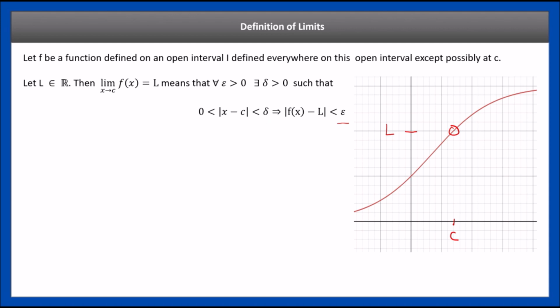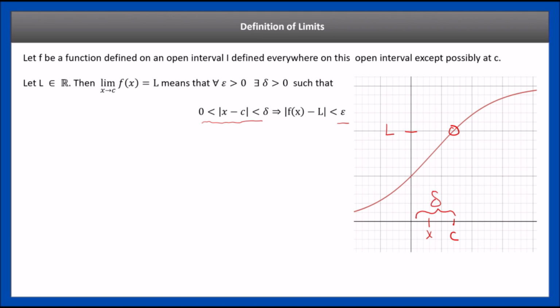So it helps if you think of epsilon and delta as distances away. So if you think of this as the distance from x to c, as we're approaching c, we're going to have to start at some kind of x value. So let's say this is an x value here, and we're trying to approach c, right? Well, they're saying if the distance from x to c is less than delta, so for example, let's say that the distance from c, that this is delta.